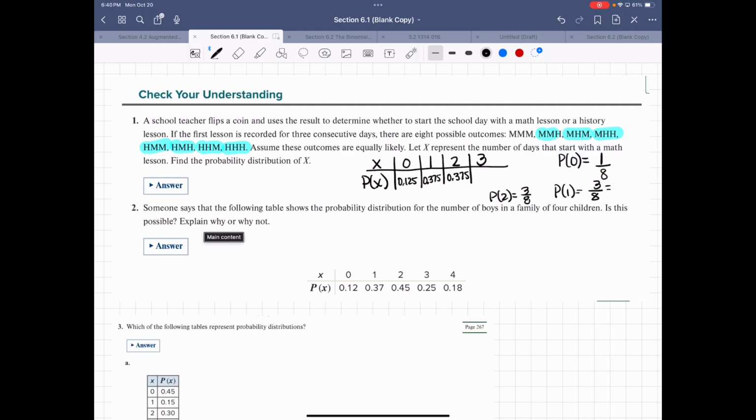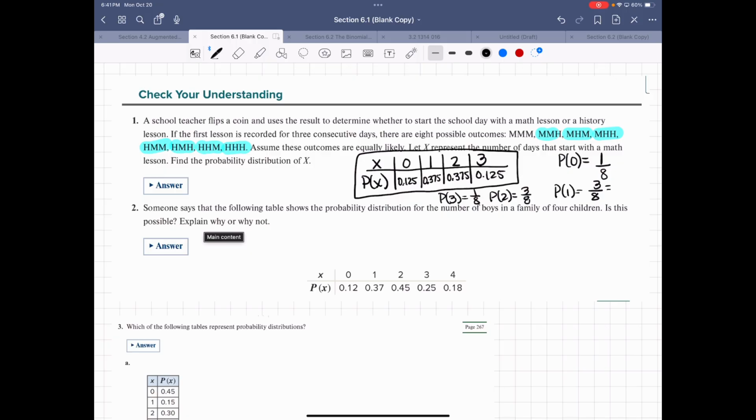We're back to 1 out of 8, which is 0.125. If you add all 4 of those up, do you get 1? Yes, that means you did it right. This is your answer. You will fill in a table like that in 6-1.